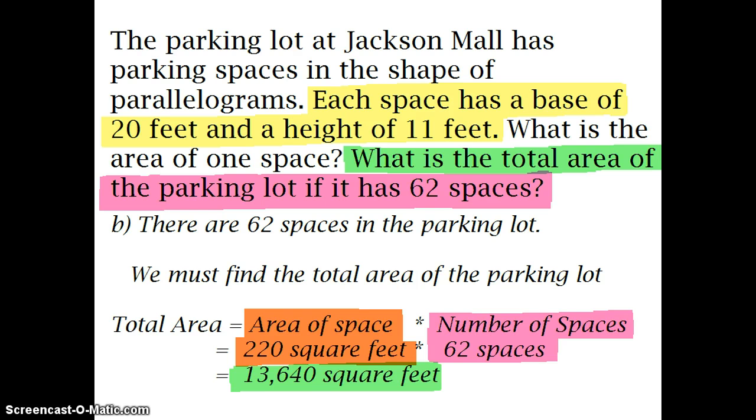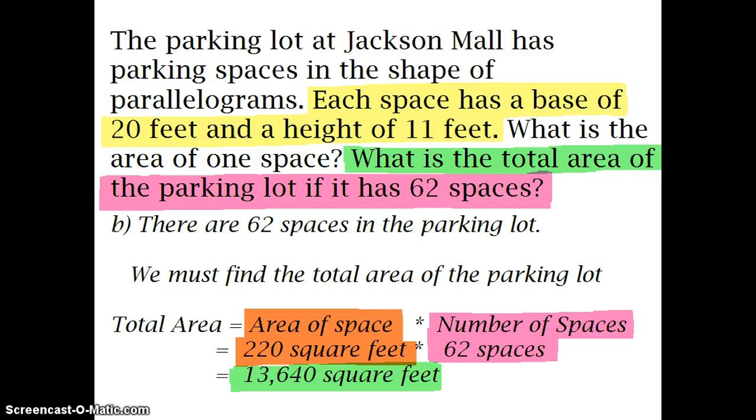For the second thing that we're finding out, we wanted to know what is the total area for 62 spaces in the parking lot. In order to find the total area of the parking lot, we must multiply the area of one space times the number of spaces.